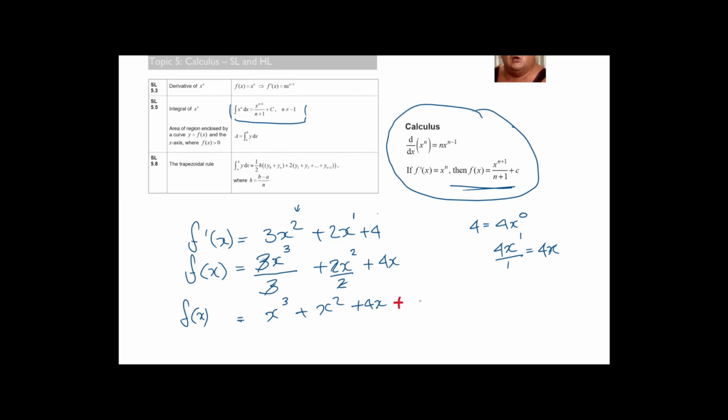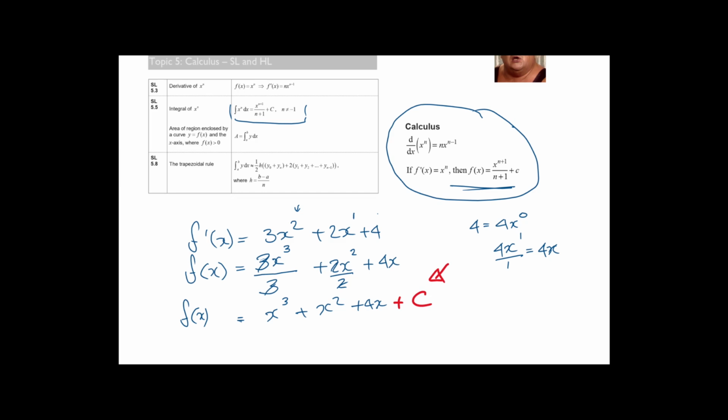We always have to have the plus c. Always, always, always. When we differentiated this, we would have lost a bit of information, and there's something in there that we can never get back if we're not lucky. So we always have to have that plus c.